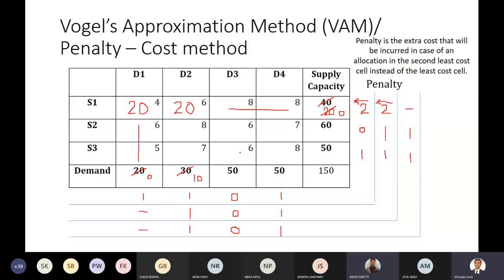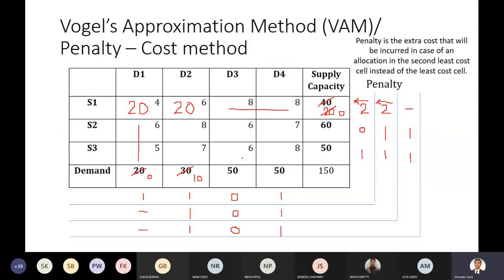Sir, we are randomly seeing the row and column both, for this? No. We are not seeing them randomly. We are checking them based on their penalty values. Okay? We are looking at them according to the penalty.